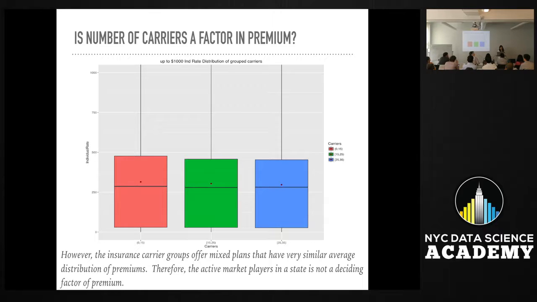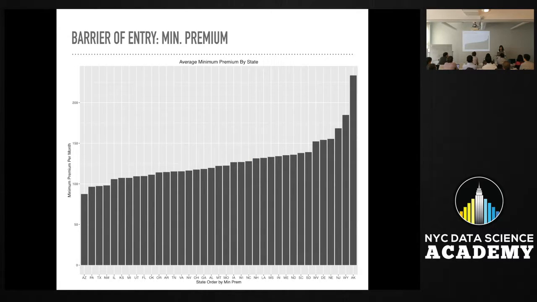So that makes me wonder whether there is a more expensive state out there. So here I'm looking at the barrier of entry, the minimum premium, the average minimum premium of a state. And it's ranked: Alaska, Wyoming, New Jersey are a high barrier to entry.